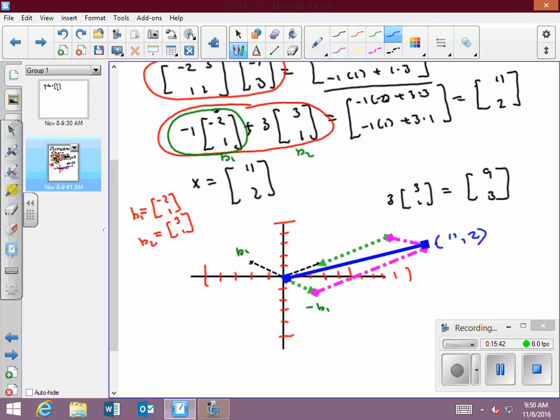So that's what it's doing, and that's what the visual of that vector would be. So, any questions on that?